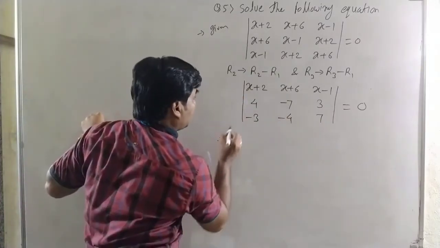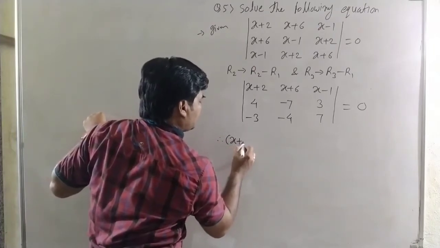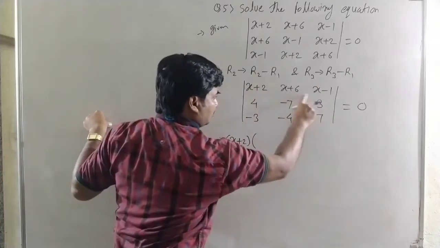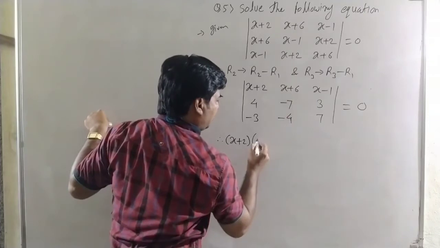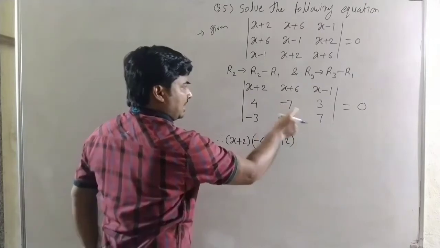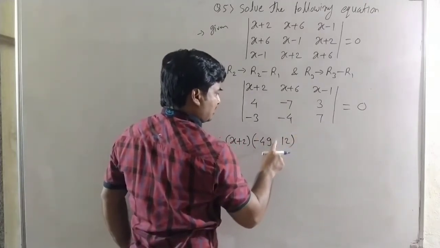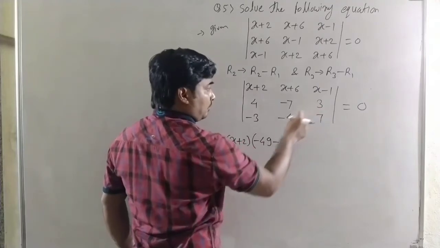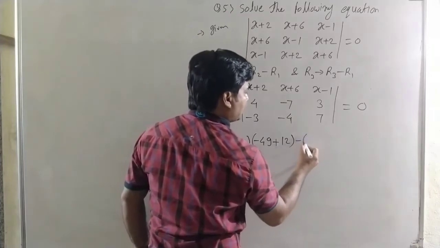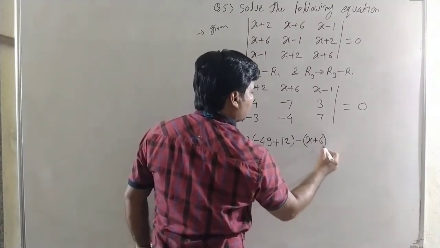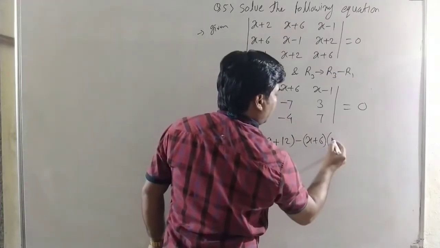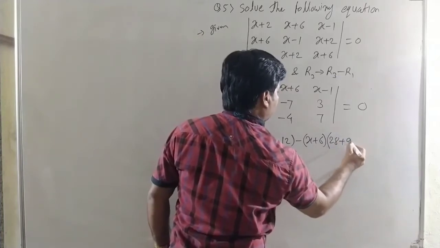See carefully, first x plus 2 into, delete the row and column of this determinant, and find the value of this determinant. It is minus 49 plus 12, minus 37. Then minus x plus 6 into, change the sign of the middle term, into 28 plus 9.